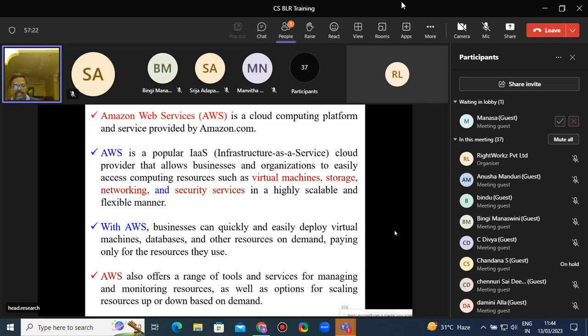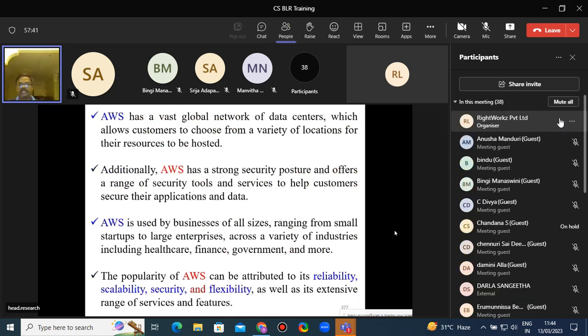AWS also offers a range of tools and services for managing and monitoring resources, as well as options for scaling resources up or down based on demand. AWS has a vast global network of data centers, which allows customers to choose from a variety of locations for their resources to be hosted.